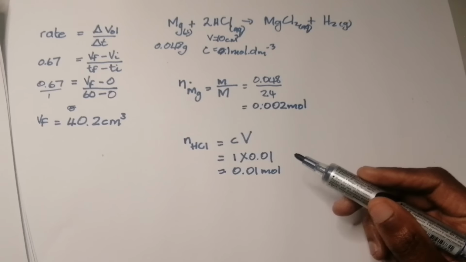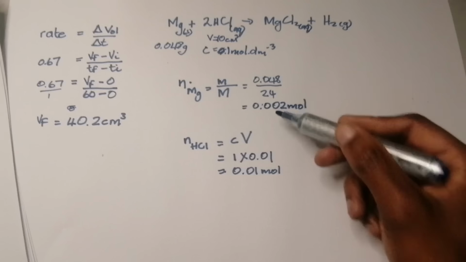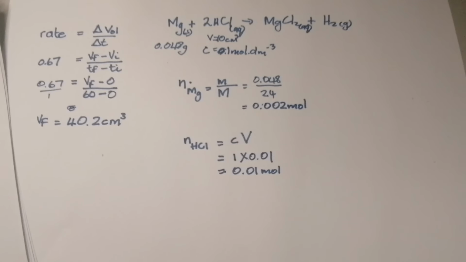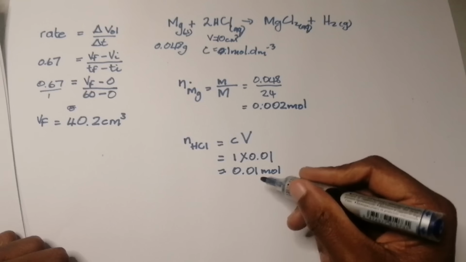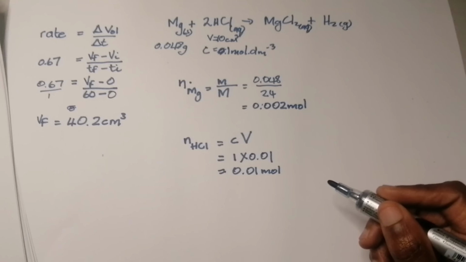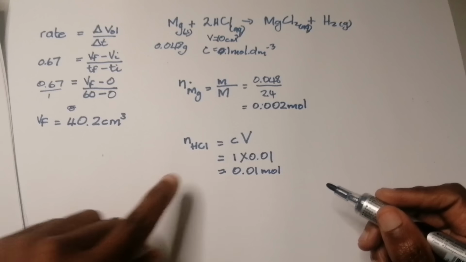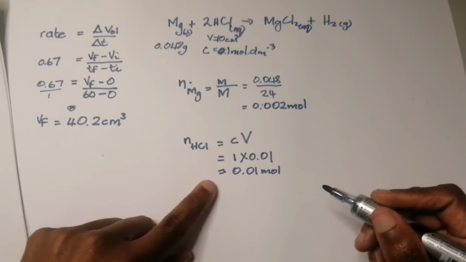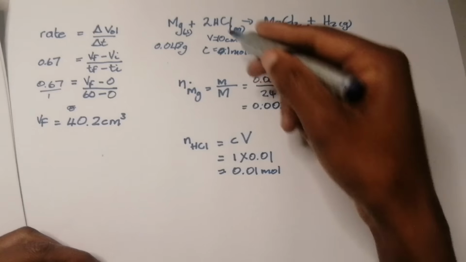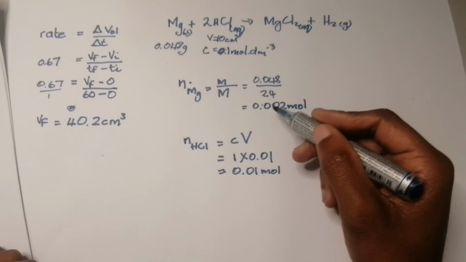And I can see it's more than 10 times what I have of the magnesium, right? So now, these are the number of moles that are available, but how many moles of hydrochloric acid are actually going to react with the magnesium?